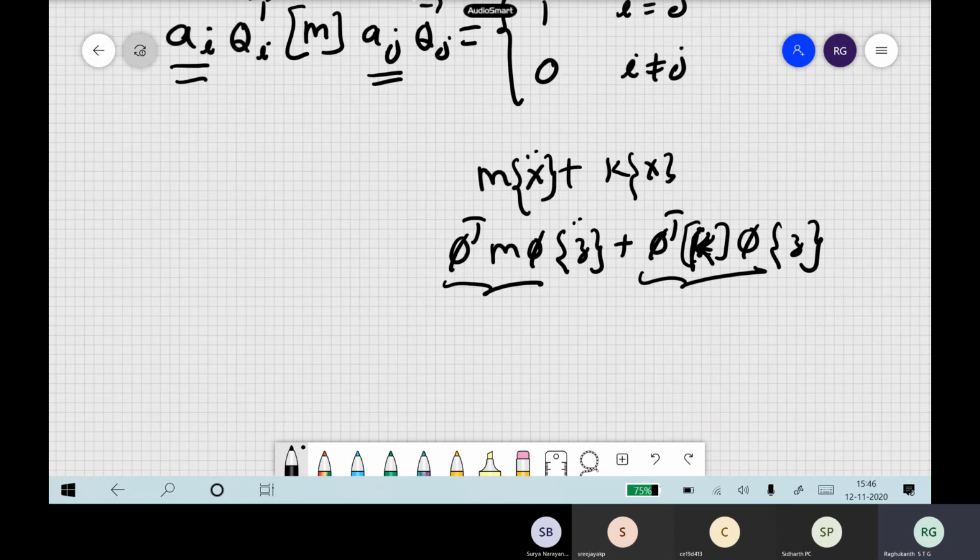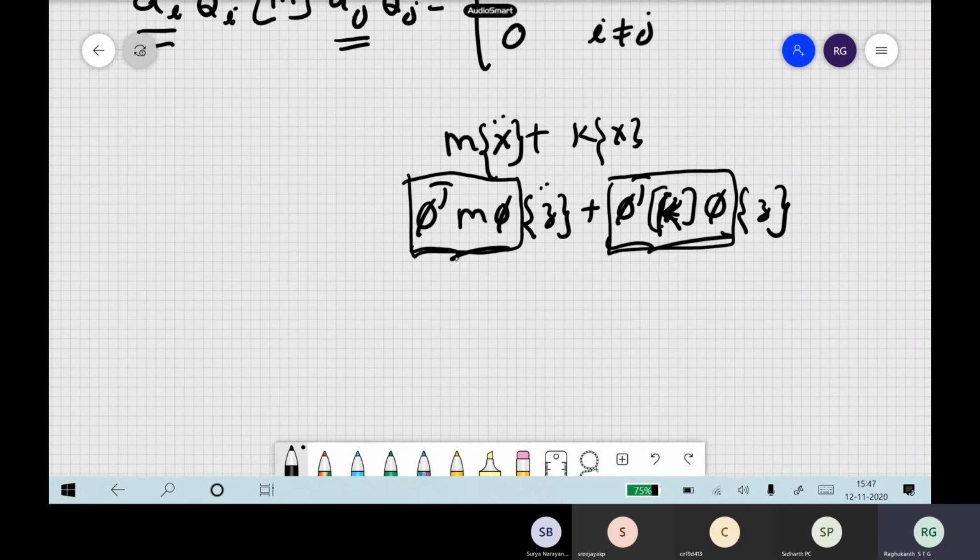So when I do this multiplication, what should happen? What should phi transpose m phi be? Yeah, we want it to be 1. You followed it. It should be identity matrix.